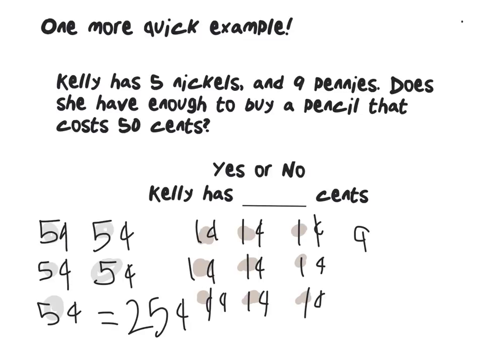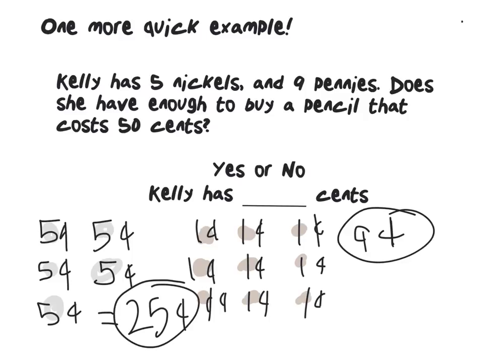So we have 9 cents in pennies, and then we have 25 cents in nickels. And the pencil costs 50 cents. 25 plus 9 gives us only 34 cents. So unfortunately, no, Kelly will not be able to buy the 50-cent pencil.